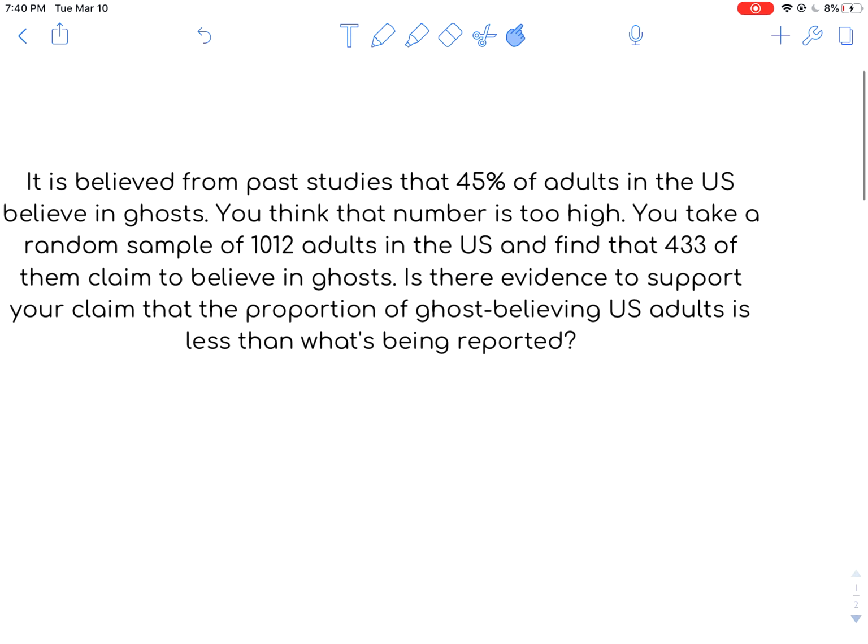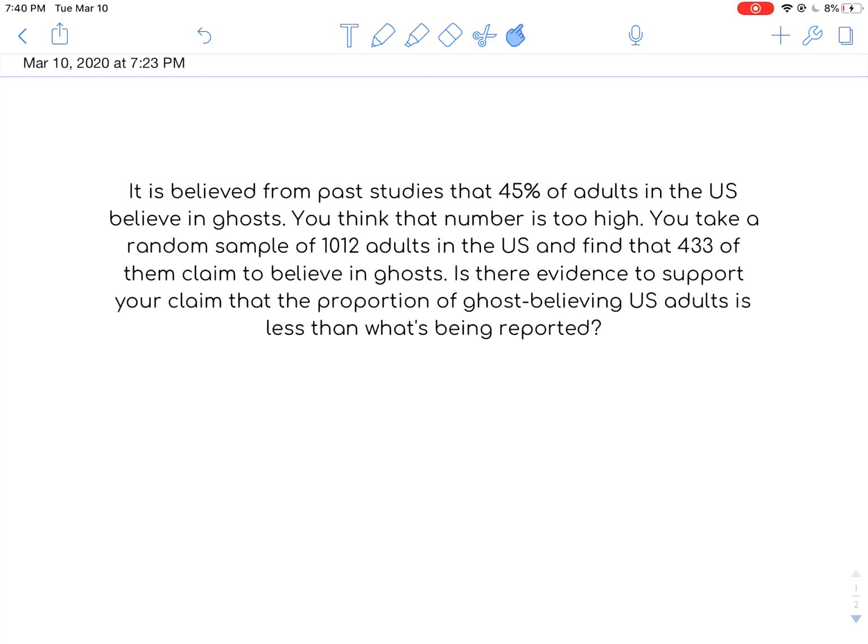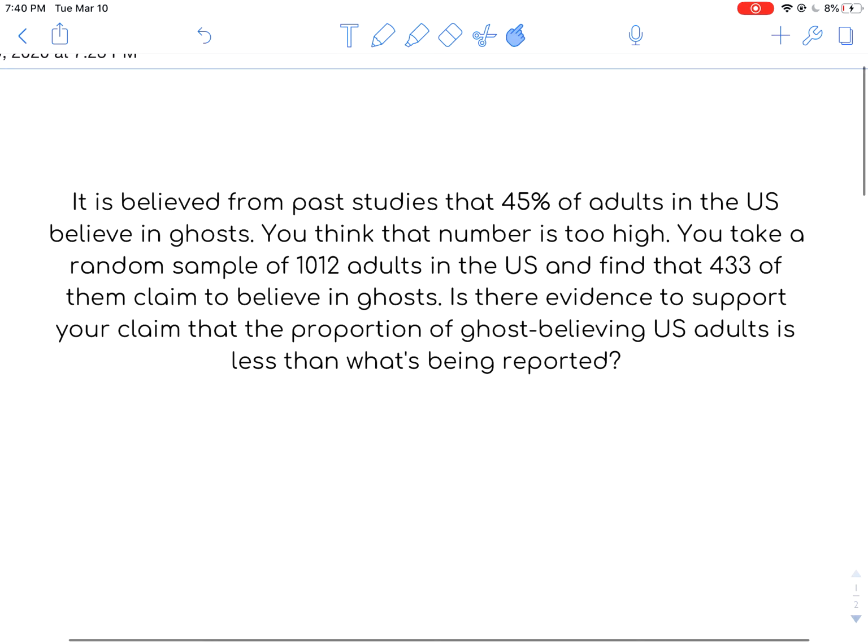Now, hypothesis testing, that's when you have some sort of idea of what that parameter could be. Maybe it's from a previous study. Maybe someone tells you, hey, I heard it's 45%, the case of what we're doing right here. You have something to go off of. That's when you do a hypothesis test.